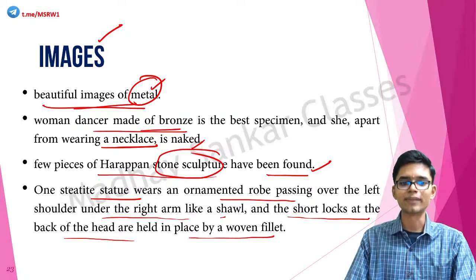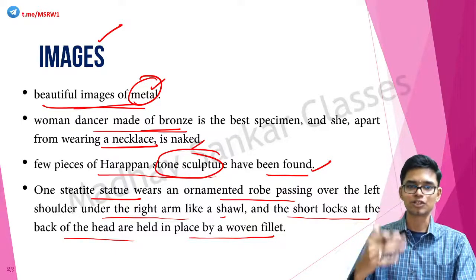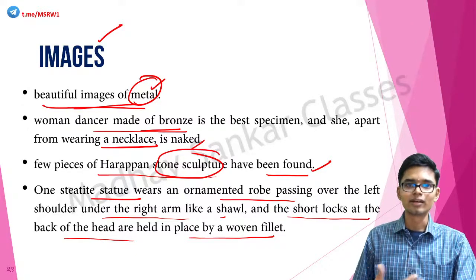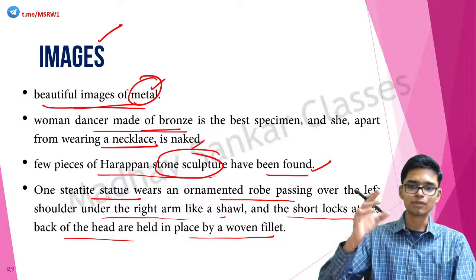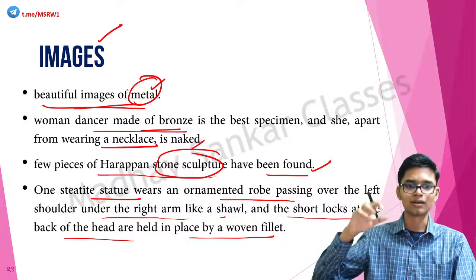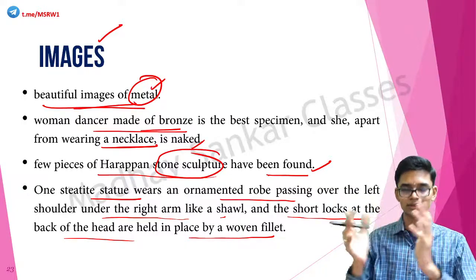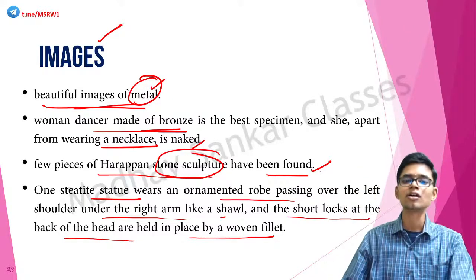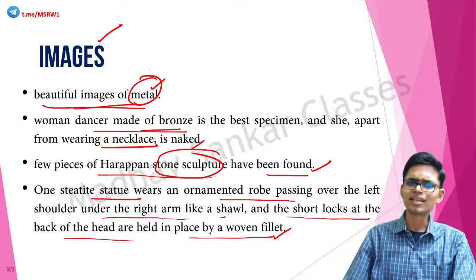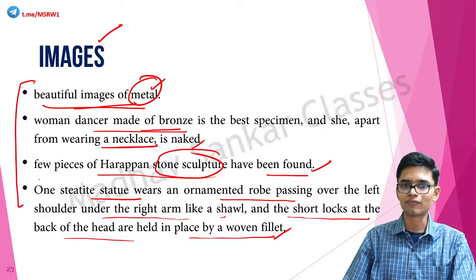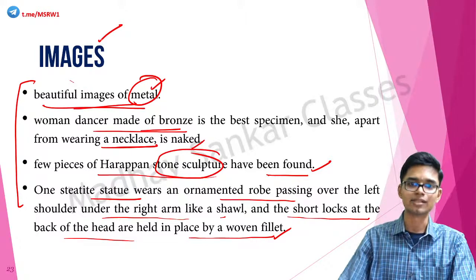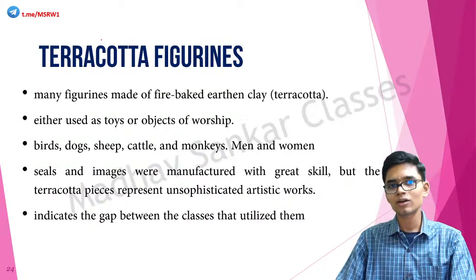You can find this image of a particular statue made of steatite, where the robe goes over the left shoulder like a shawl, and you can see some short locks at the back of the head held in place using a woven fillet. So basically, what I'm trying to establish here is that all these evidences point to the fact that Harappans knew about the art of images.